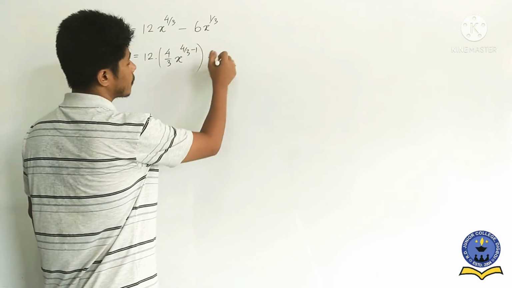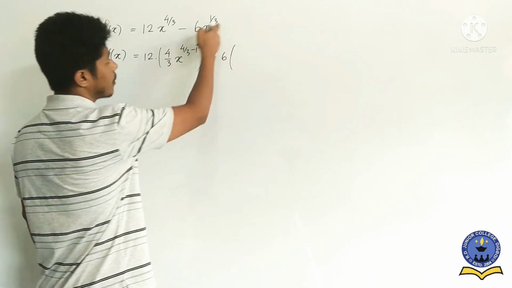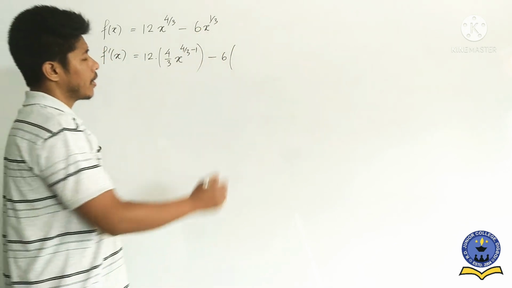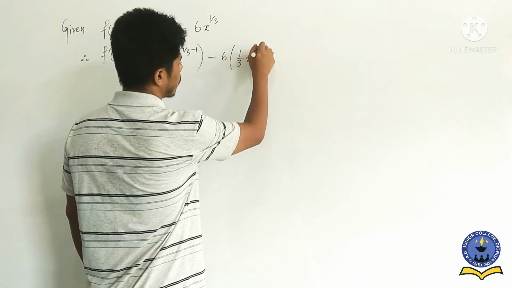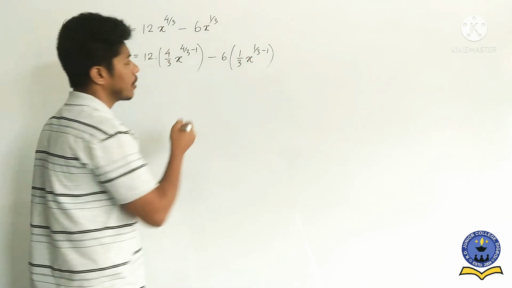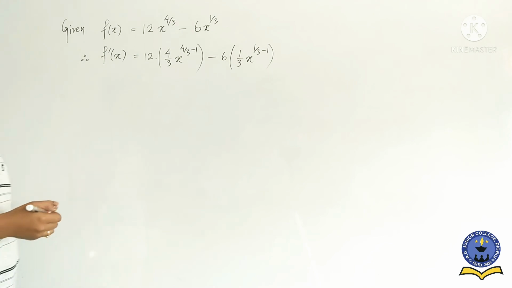Similarly here, 6 is the constant term, and if we apply the same formula, we get 1/3 x^(1/3 - 1). Is it clear? This one is n times x^(n-1).